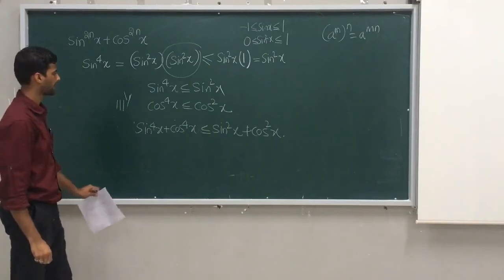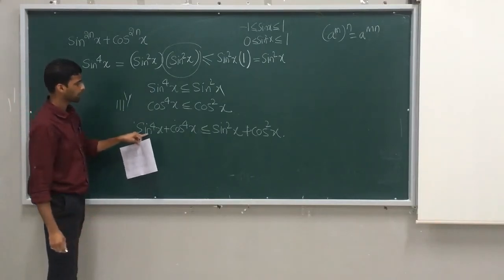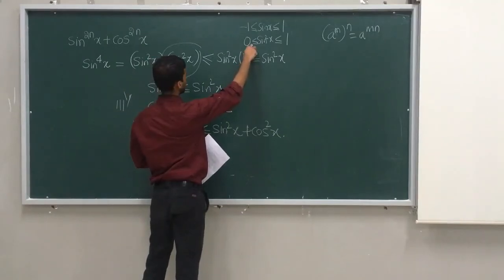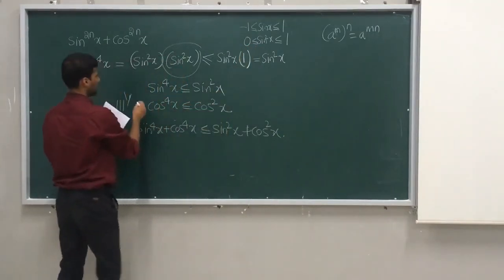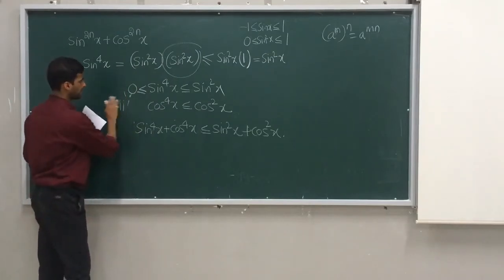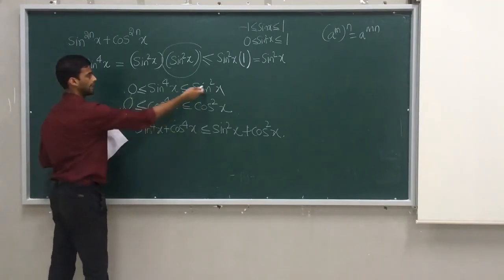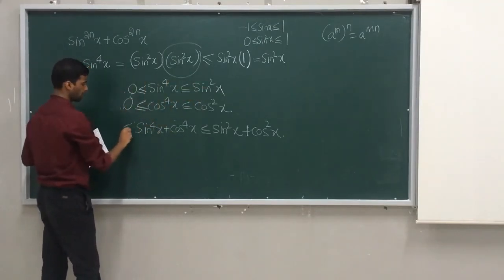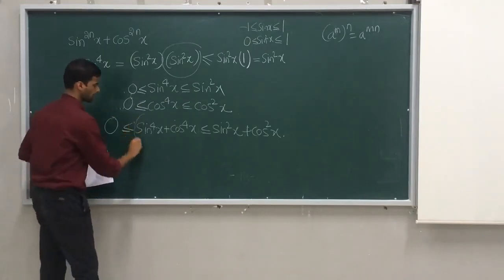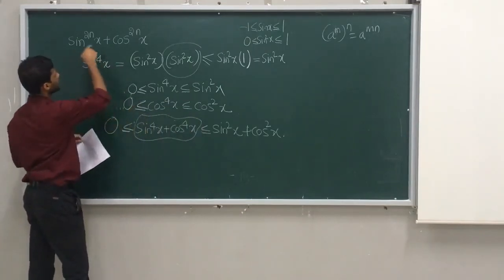Now sin raised to 4x plus cos raised to 4x is obviously greater than or equal to 0, because it is squaring sin square x. Therefore, when you add these quantities, 0 plus 0 becomes 0. So this is the quantity they expected.